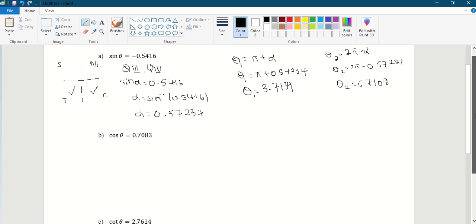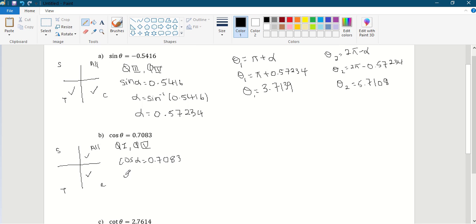Okay. Let's look at the next one now. We are given cos theta equals 0.7083. So again, our first step will be to decide which quadrant this happens in. So using all STC, cos is positive here in the first quadrant and fourth quadrant. So it is quadrant 1 and quadrant 4. Now that we have quadrants, we write cos alpha equals 0.7083.